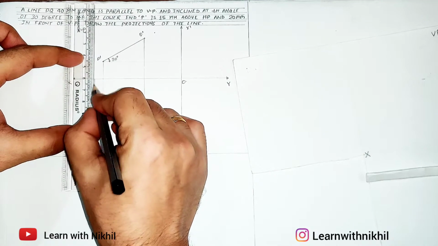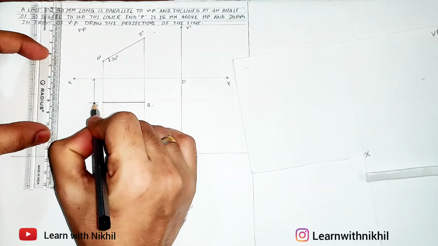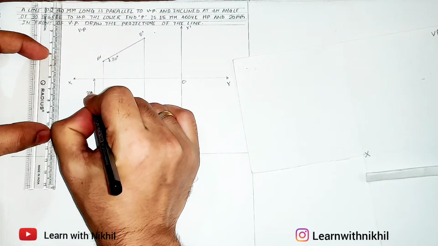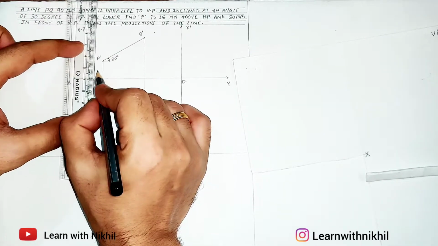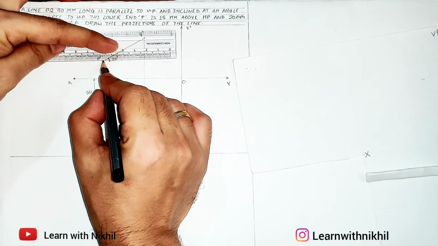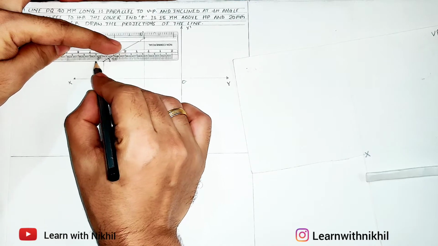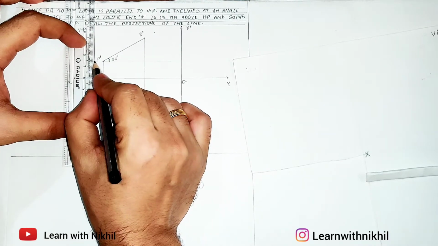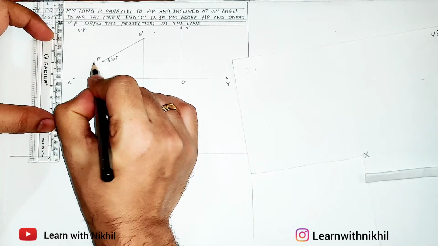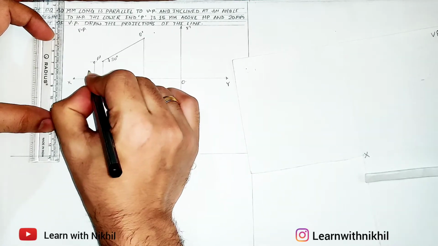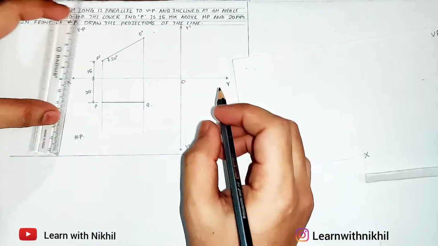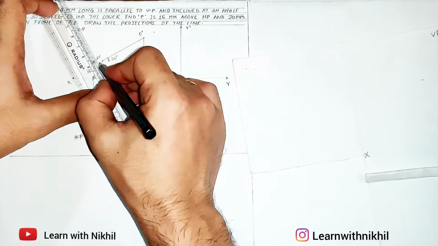So this distance is 20. This distance, which is above HP, is 15. And this is the actual length, that is 40 millimeter.